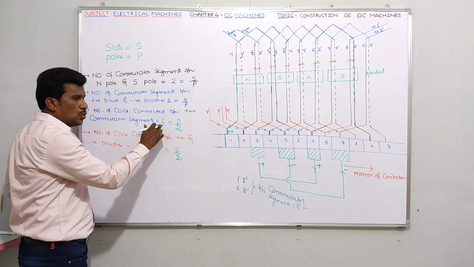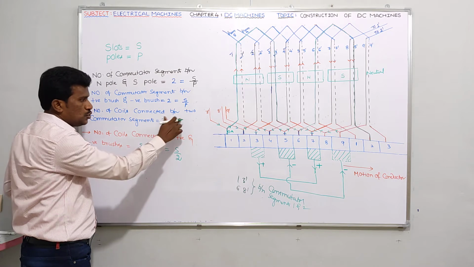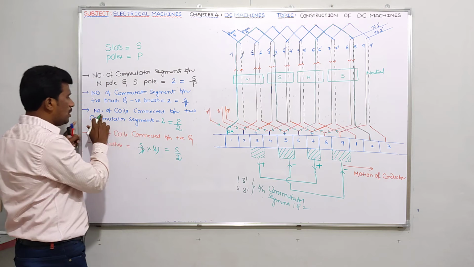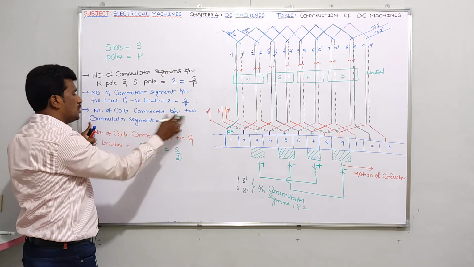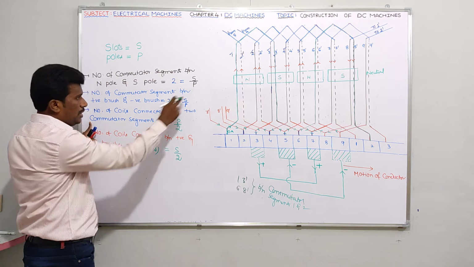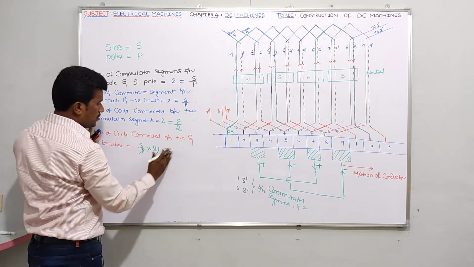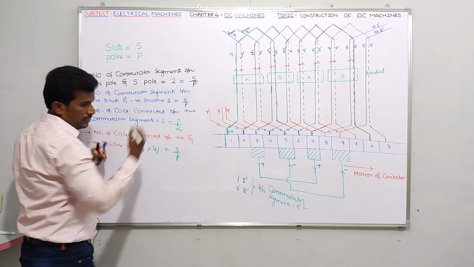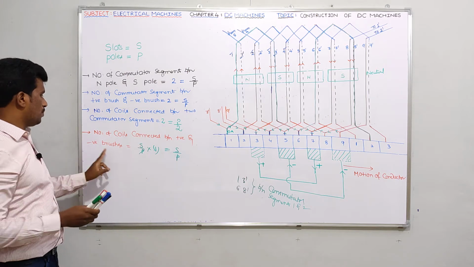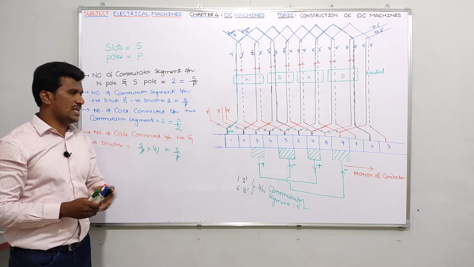Previously for wave winding you wrote into P by 2. But here, for lap winding, you should write into 1, because the number of coils connected between two complete segments in lap winding is 1. So S by P into 1, I will get S by P. Please note down: the number of coils connected between positive and negative brush equals S by P into 1, equal to S by P.